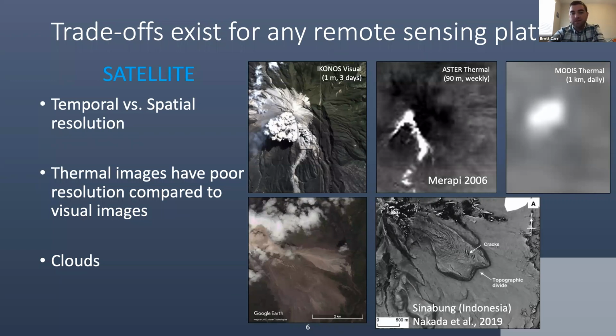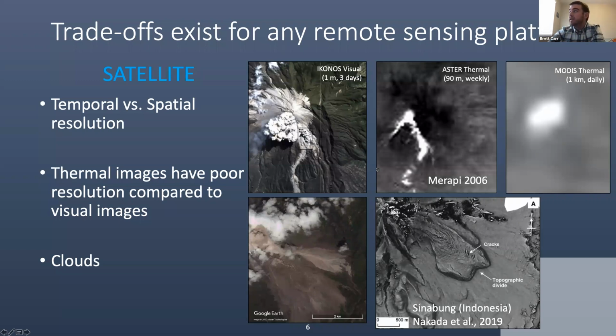But this resolution trade-off is still very true for satellite thermal imagery, shown in the top right here for the Merapi eruption in 2006, where for the visual image, you have meter resolution that you could get at that time every few days.